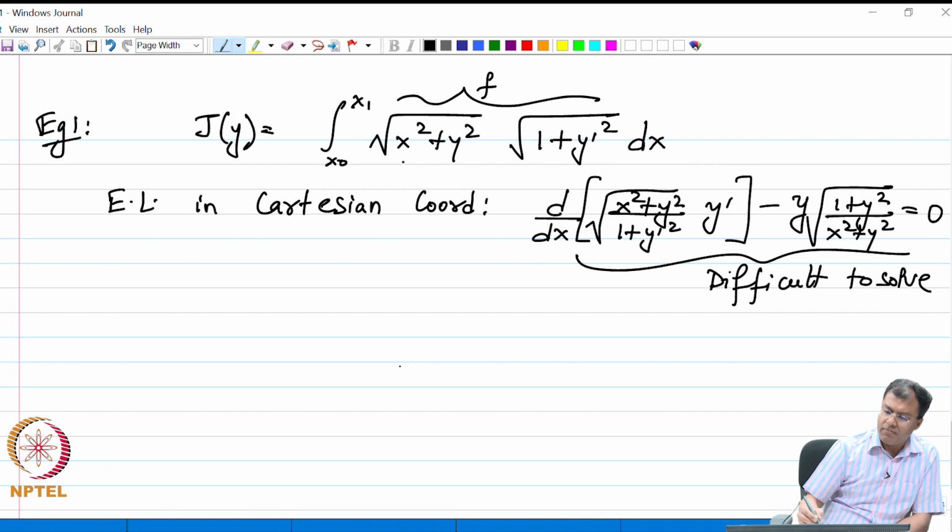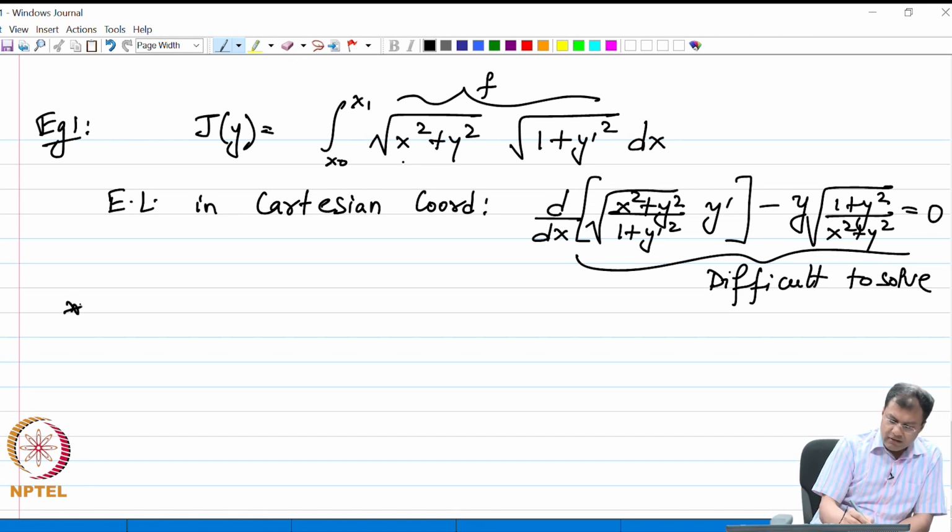We can still attempt, but there is an easier way out. The easier way out is by the observation that we have the formation of this expression, square root of x square plus y square. So, if you recall that in polar coordinates my radius variable r is nothing but the square root of x square plus y square, that suggests that we should possibly change this functional into polar coordinates r theta or r phi, right.